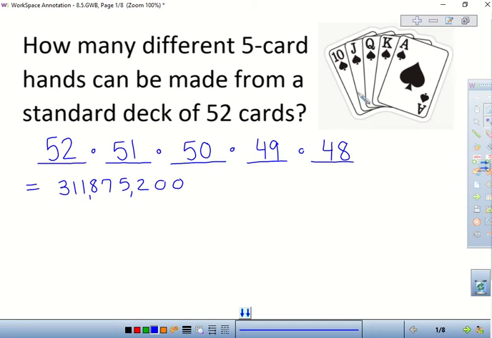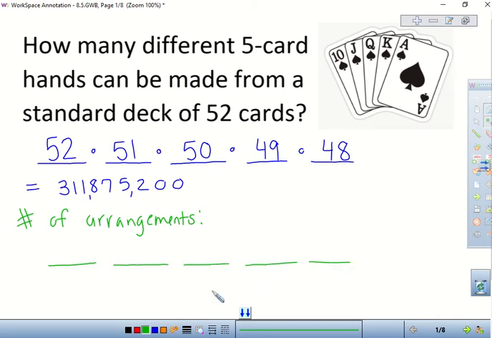So we're also counting if we move this hand in a different order. So in order to counteract that, we need to divide this number by the number of arrangements. So we need to talk about the number of arrangements of 5 cards.